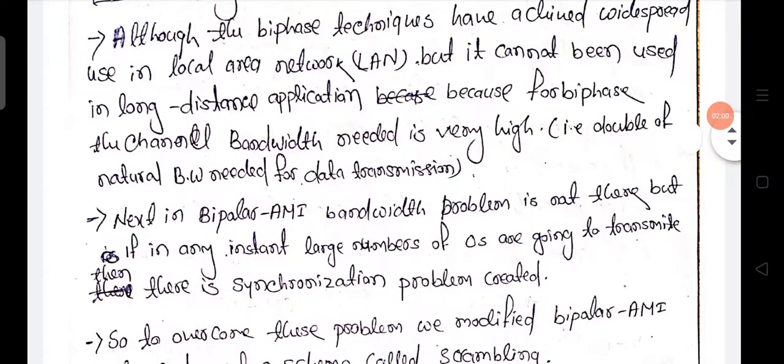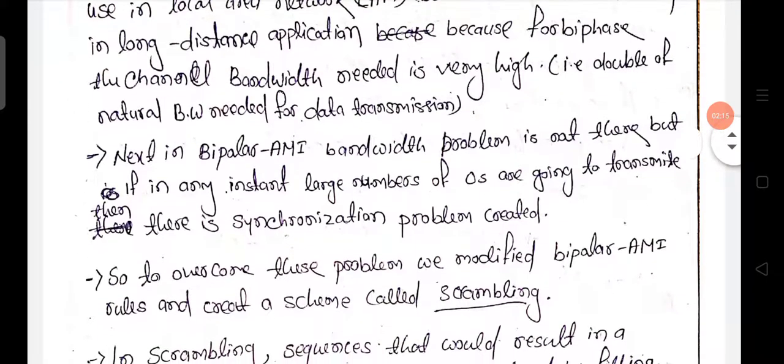The next is the bipolar AMI, alternate mark inversion technique. In this technique the bandwidth is not that high, but if a large number of zeros are transmitted, then there is a synchronization problem.